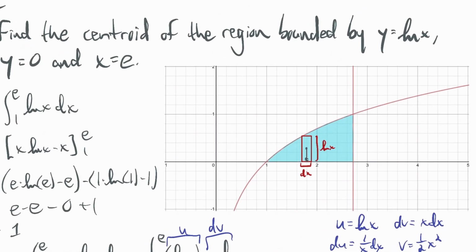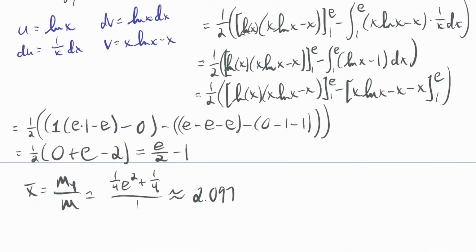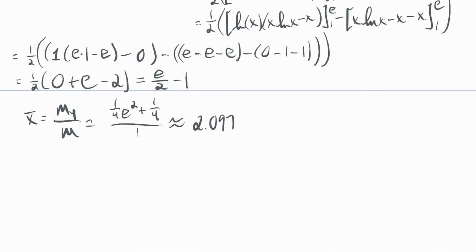Okay, how about y bar? Now I'm pretty confident that this worked out, but things could still go wrong. So Mx over m. Well, that's going to be e over 2 minus 1 over 1, right? The mass is 1. So what is that? e over 2 minus 1.